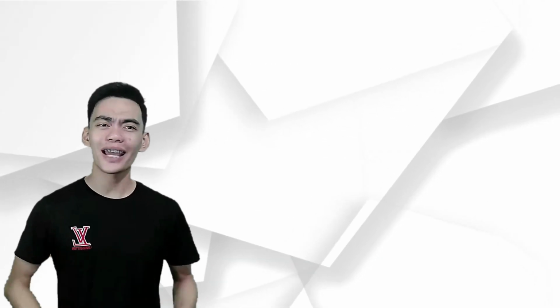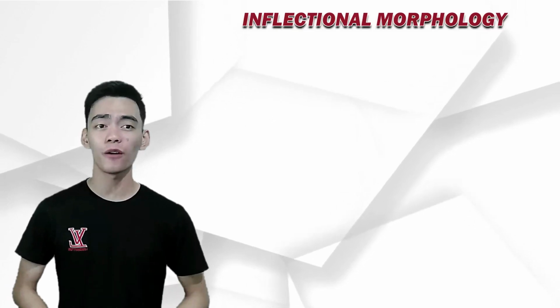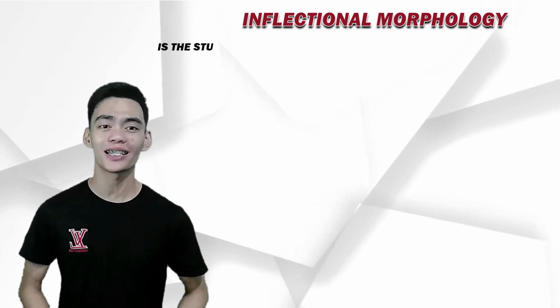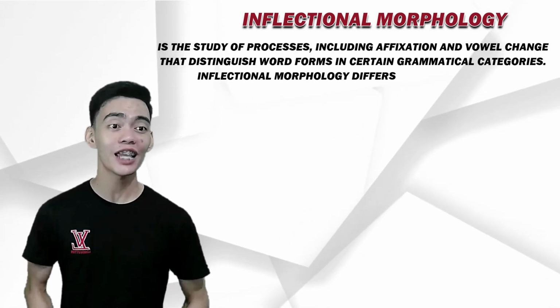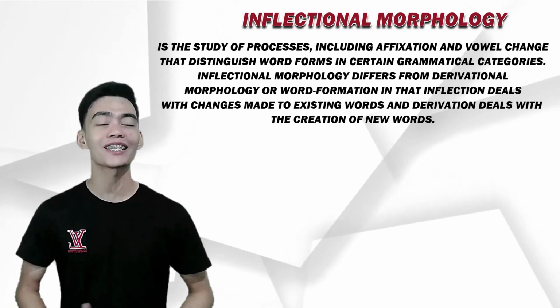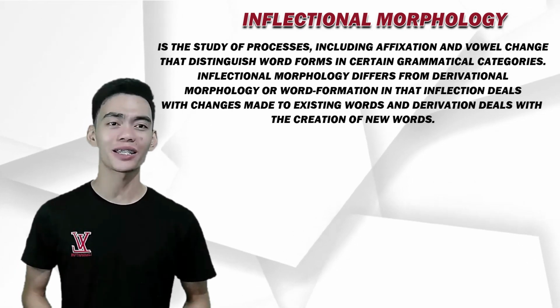Let's go with the next type of morphology, which is inflectional morphology. Inflectional morphology is the study of processes, including affixation and vowel change, that distinguish word forms in certain grammatical categories.